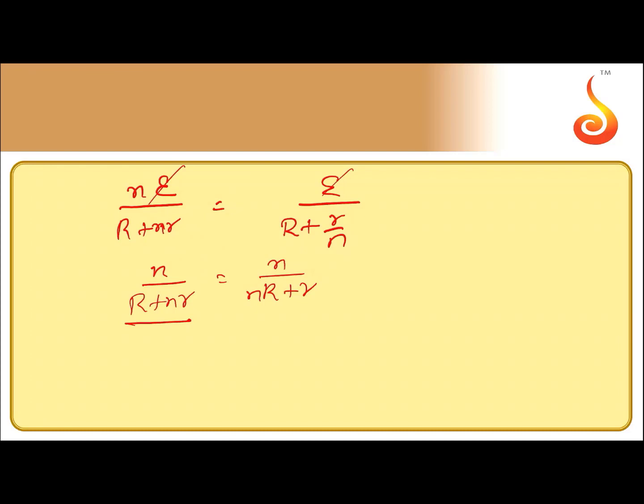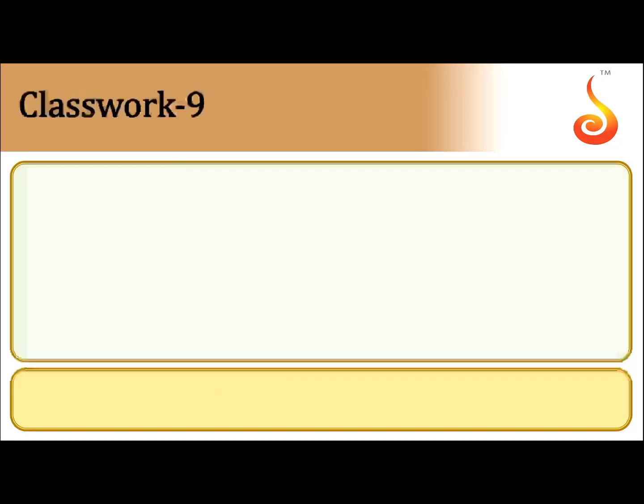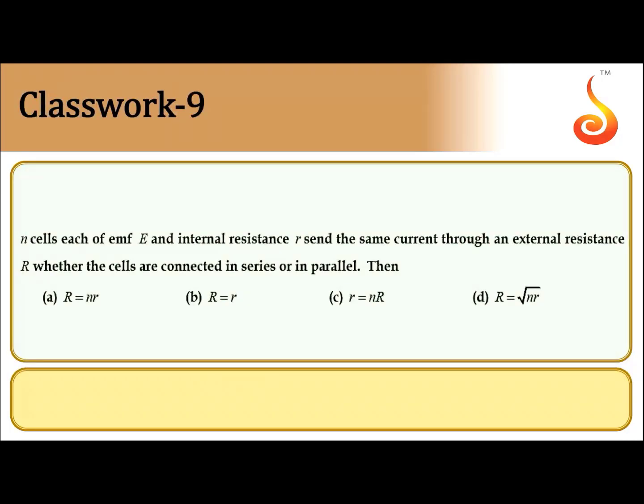That means R plus Nr is equal to Nr plus R. This equation is valid only when r is equal to R. Thus, the answer for this particular question is external resistance and internal resistance are equal to each other. B is our correct choice.